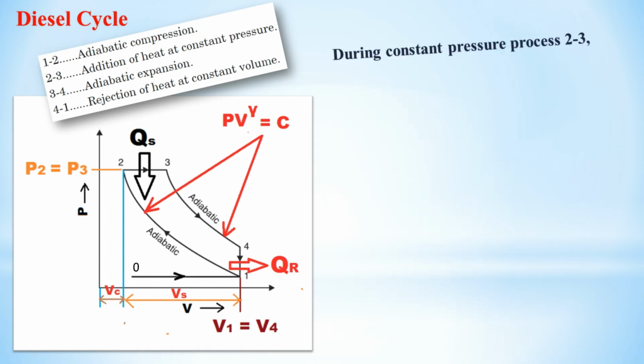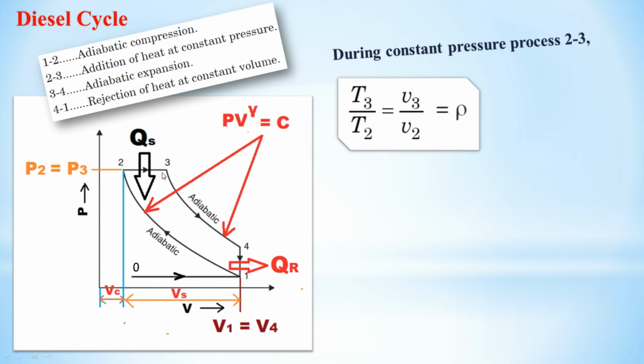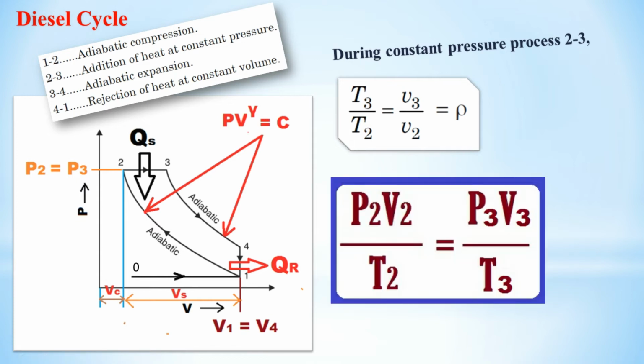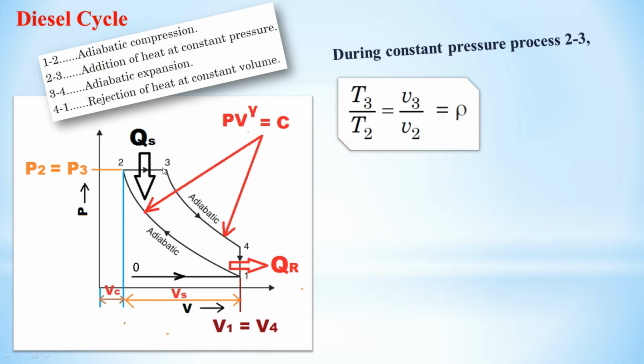Same for process 2 to 3 and 3 to 4. The 2 to 3 process is a constant pressure process. So for a constant pressure process, we know that P2 V2 by T2 equals P3 V3 by T3, but here P2 equals P3. So the remaining term is T3 by T2 equals V3 by V2. But we know that V3 by V2 is the cutoff ratio.